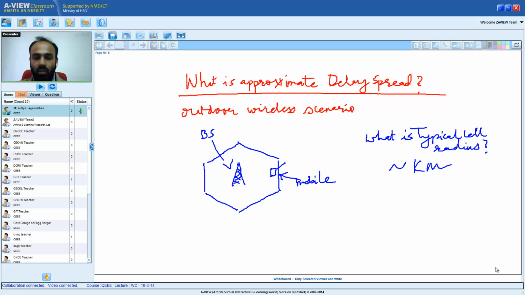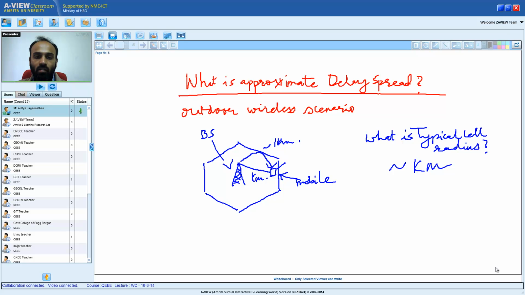So let's say I have a direct signal path which is of the order of kilometers, and then I have some path which is reflected, which is also of the order of kilometers. Right, so all the distances are of the order of kilometers. Therefore, let's take an approximation.